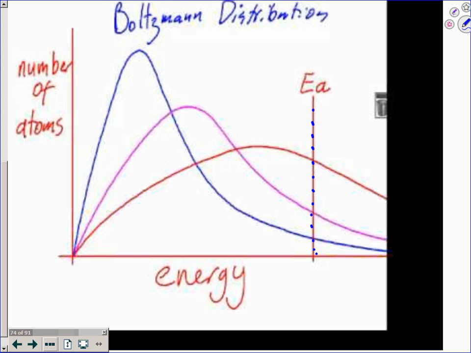The blue curve has very little fraction of particles that actually meets that required energy. The pink one has a greater number, and then the red one has a whole heck of a lot more, right? And of course, these extend on and on. So what you're definitely seeing is that at higher temperatures, remember these are all representing average velocity aka temperature, you're seeing a greater number that are able to meet activation energy.